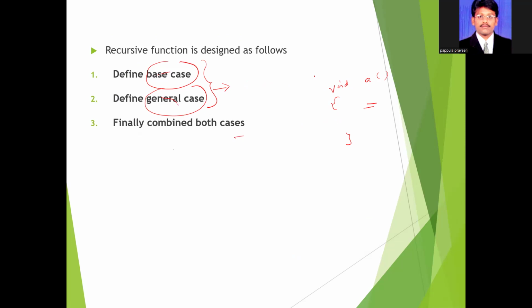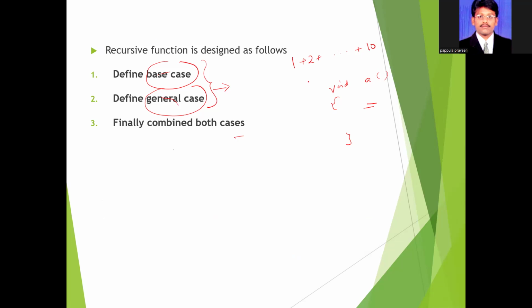Suppose you have to find the sum of n natural numbers, for example 1 plus 2 plus up to 10. We don't want to use any loops.